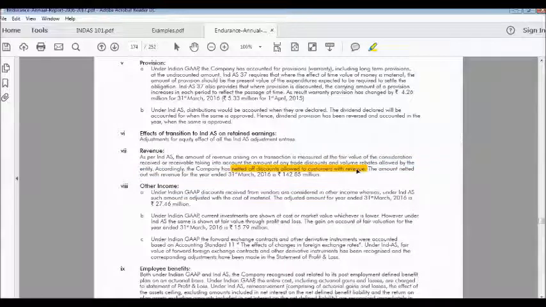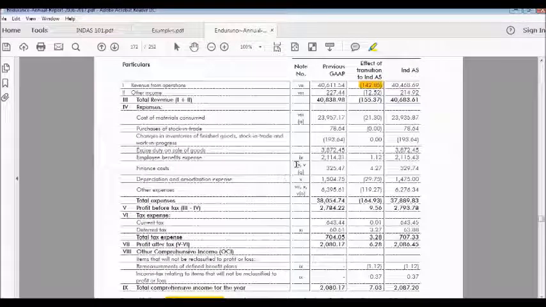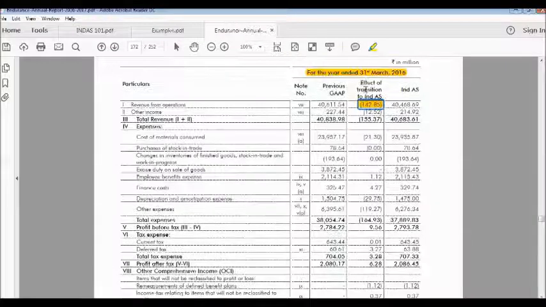Because of this netting off, there is an effect of transition into Ind AS from previous GAAP. The amount netted off with revenue for the year 31st March 2016 is 142 million, and the same 142 million appears here. Because of netting off, this is the effect of transition to Ind AS.